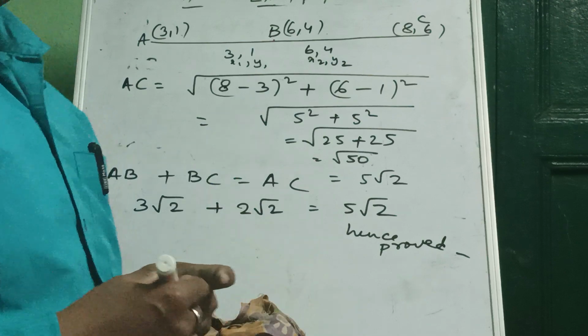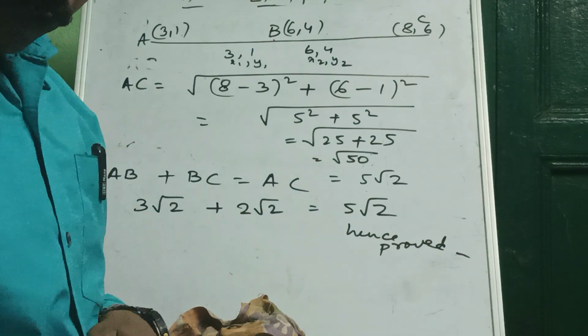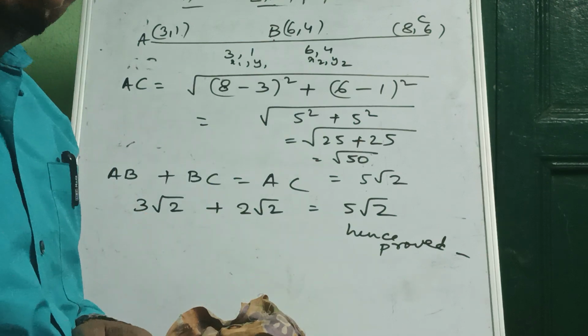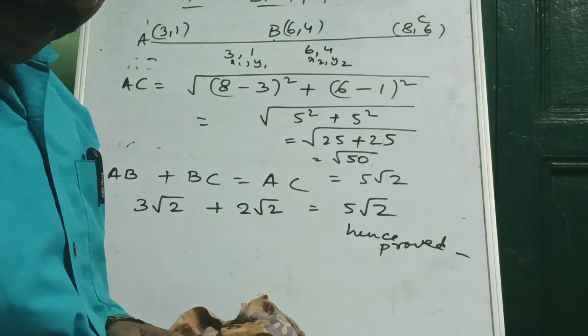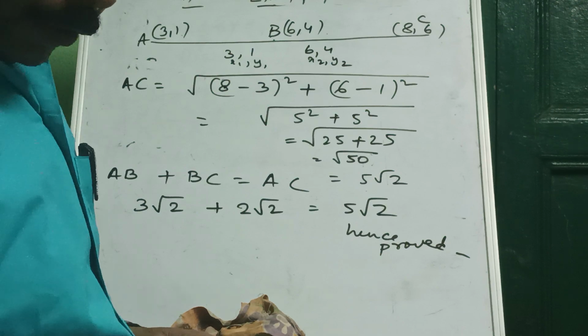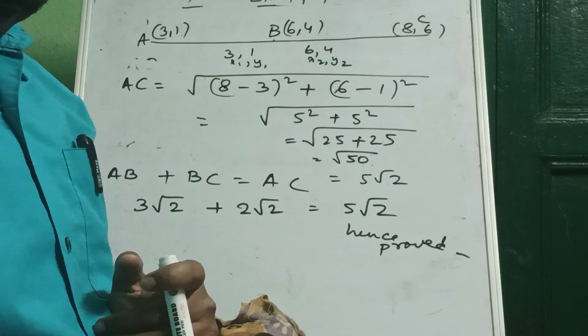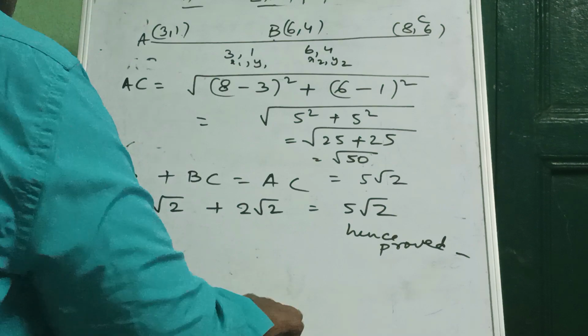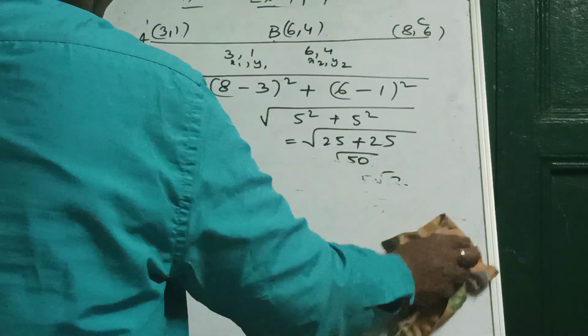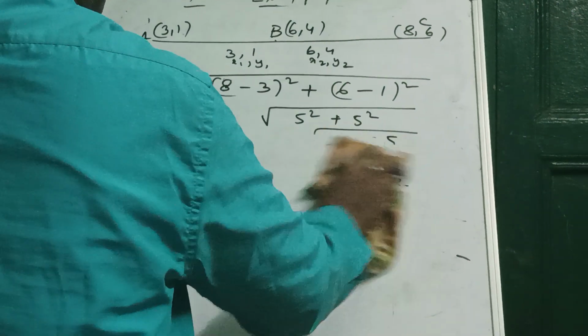Okay, it's clear. The next question is question number 18: show that the points are vertices of an isosceles triangle. We know about the isosceles triangle.